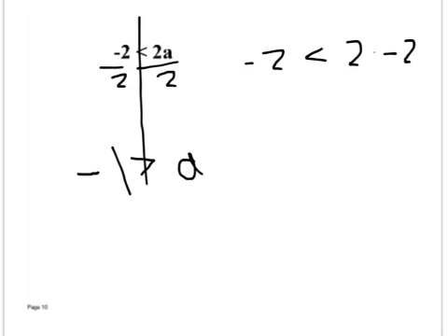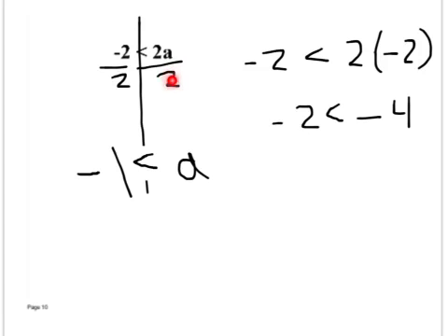So I take 2 times -2, which is -4. Is -2 less than -4? No. So should I have changed it? Was I dividing by a negative number? Emery, was the 2 I divided by a negative? No, this was positive the entire time, right?